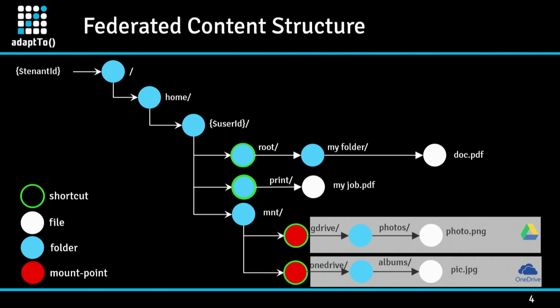In order to explain how this federated content actually works, I will start by describing how it is structured in our system. At the top level, you can see there's the tenant. SDM supports multiple tenants. Every tenant can have many users. Every user provisioned into the system has a set of predefined folders created. One of those folders is a root folder, and it is created with what we call a shortcut.